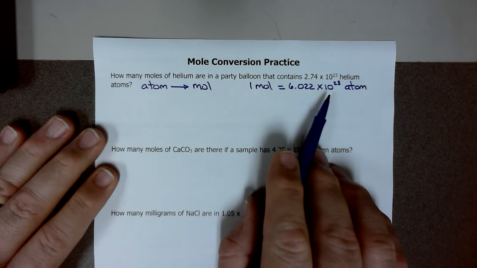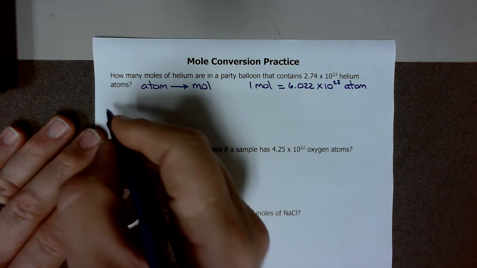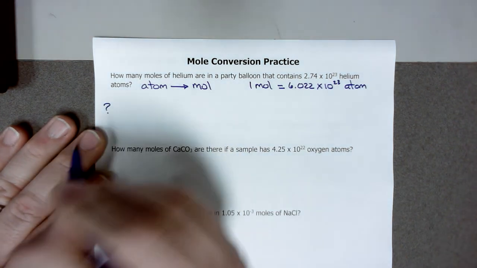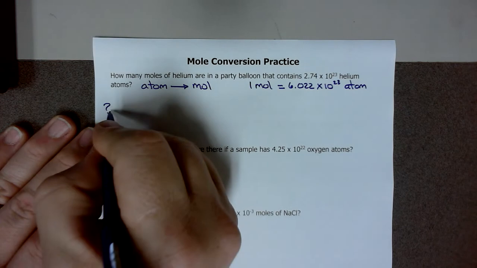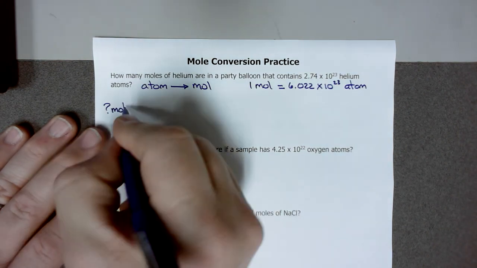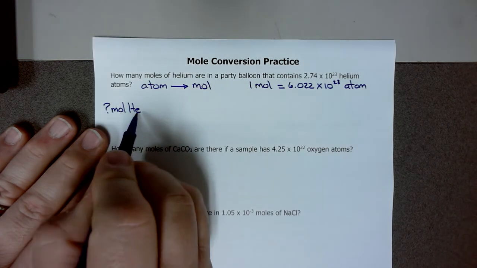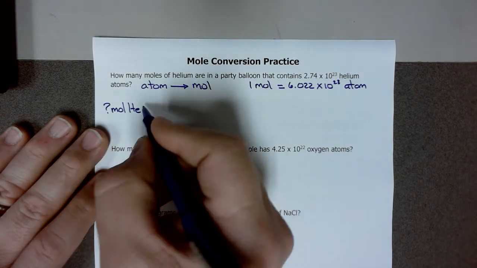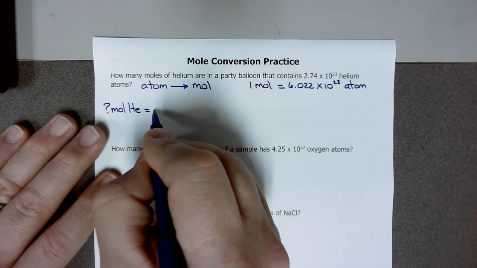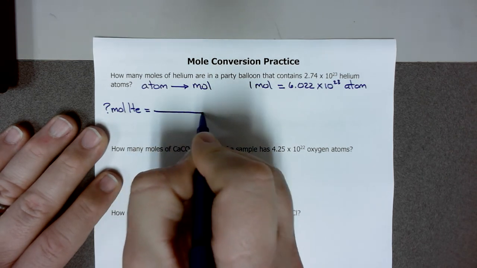Now you need to get in the habit and get used to writing what you are looking for. I am looking for the number of moles of helium, and yes, it is important to include both the measurement and the substance as your units. It'll help later when things get a little bit more complicated.